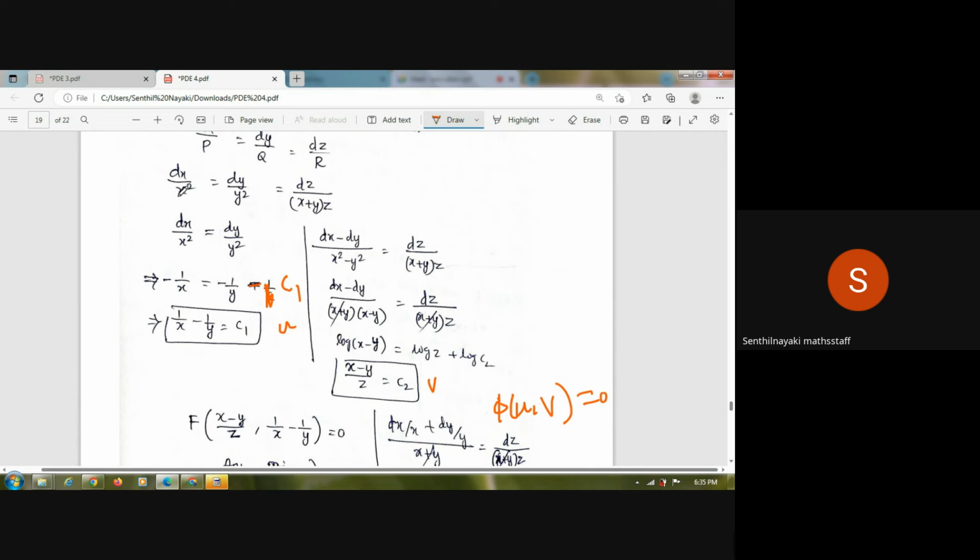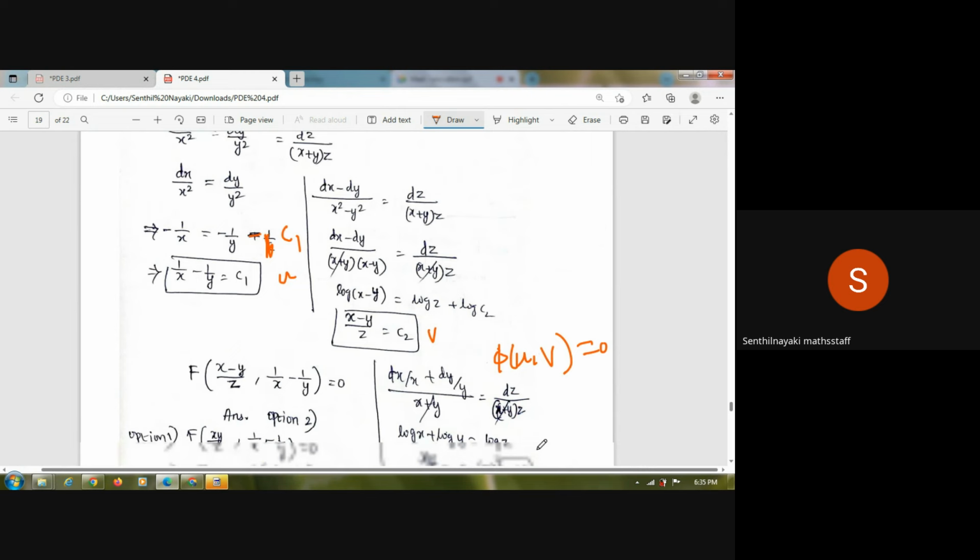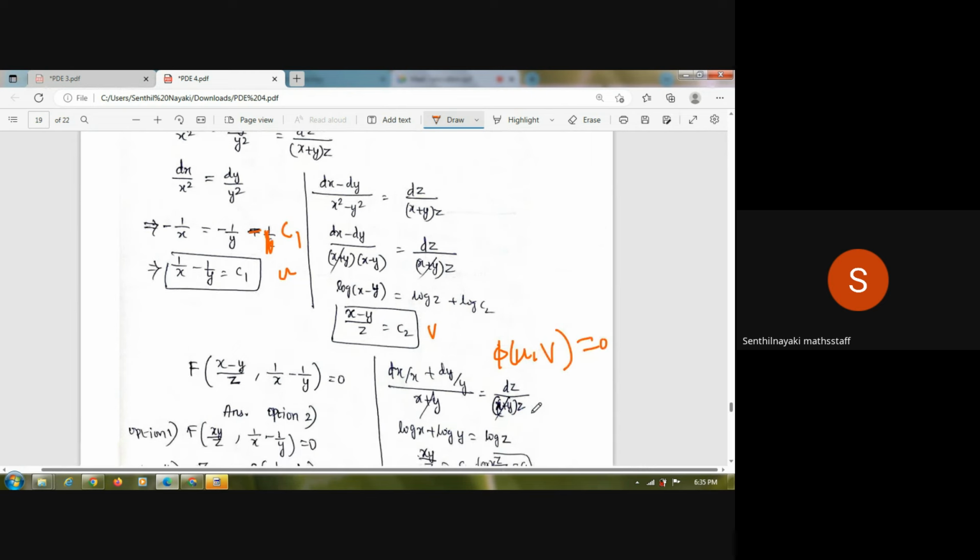Similarly, do the same thing in the denominator also. So we have x square by x, so we have only x. Similarly, in the second ratio, dy by y square by y. Therefore, we have dx by x divided by x, dy by y divided by y. Adding those two, we have (dx by x plus dy by y) divided by (x plus y), equating this with the third one. So we have dz by (x plus y) into z.